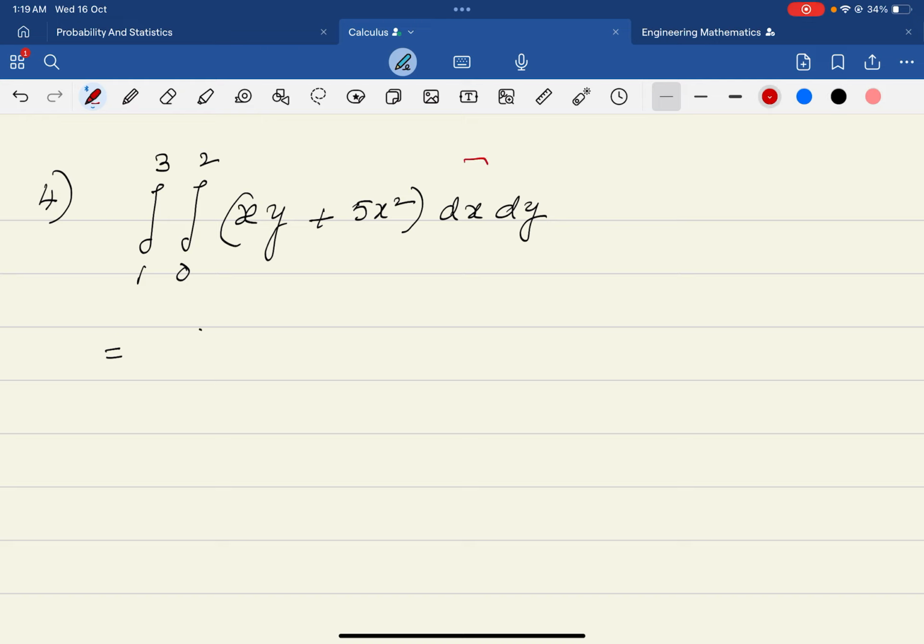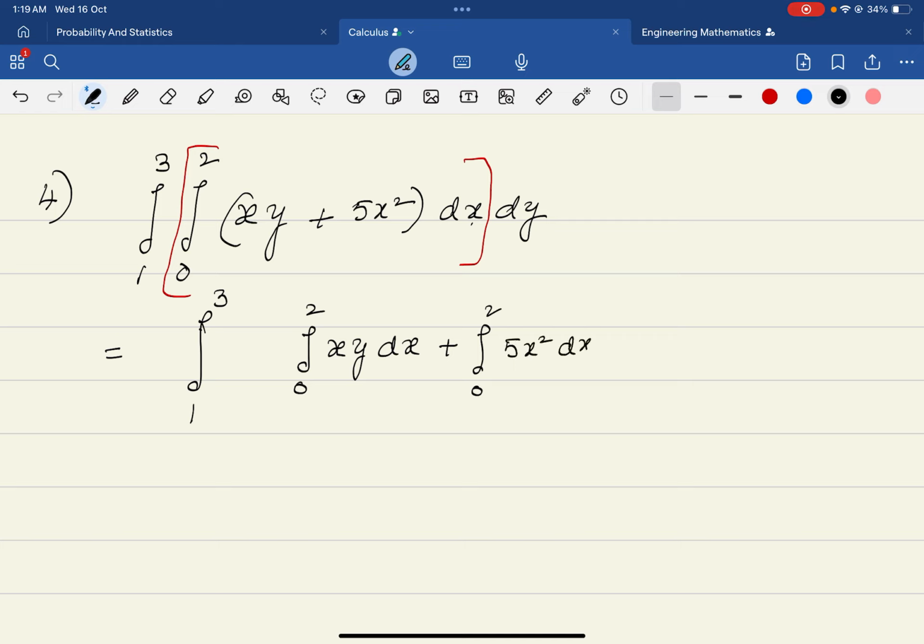It is dx, with respect to x we have to do. So now integral 1 to 3, integrating with respect to x. Let us split this into two parts, as there are two terms, term by term integration: integral 0 to 2 xy dx plus integral 0 to 2 5x square dx, dy. We are splitting the integral.